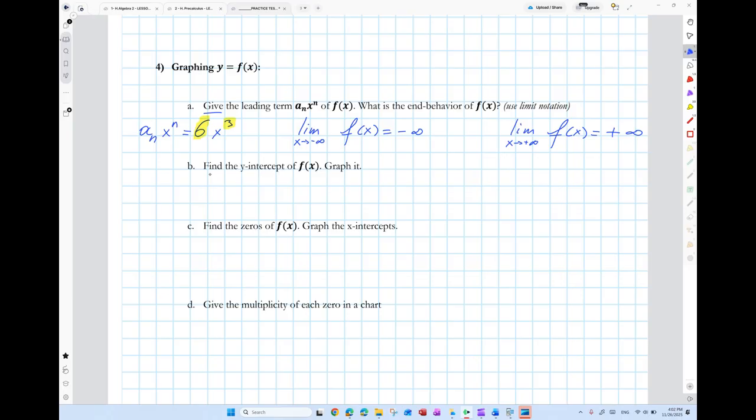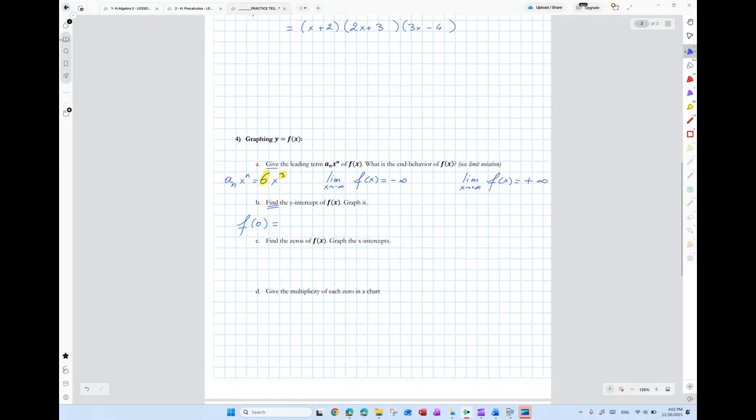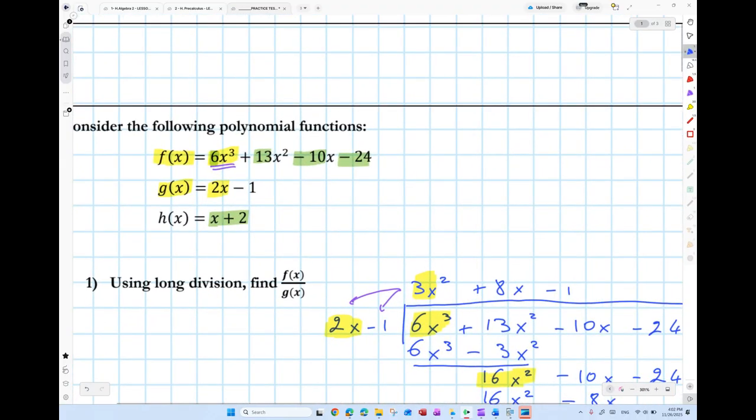Now here I say find the y-intercept. That means I need some type of justification. And if you read your notes, you need to evaluate f of 0. Now, you do not need to do the whole thing.